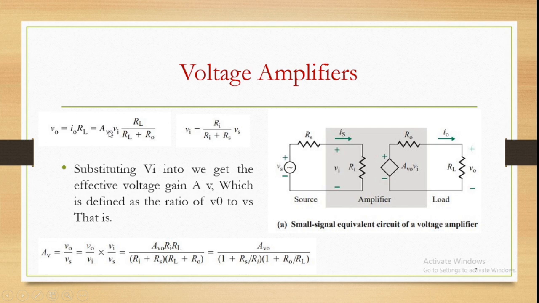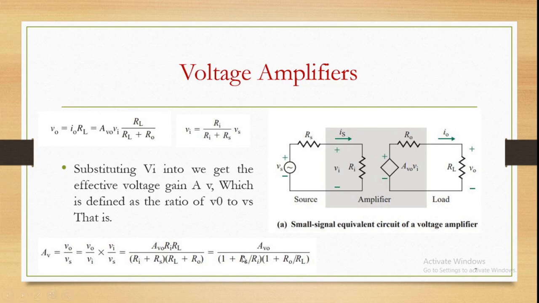What remains is AV0 RL divided by RL plus R0, and the other term becomes Ri divided by Ri plus Rs. Combined, it becomes AV0 Ri RL divided by Ri plus Rs in brackets times RL plus R0. If we take Ri and RL in the denominator, they will be in the denominator's denominator.